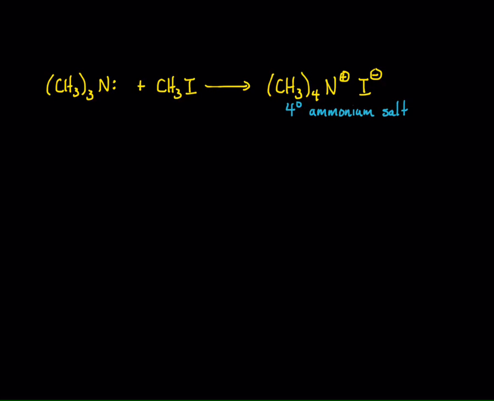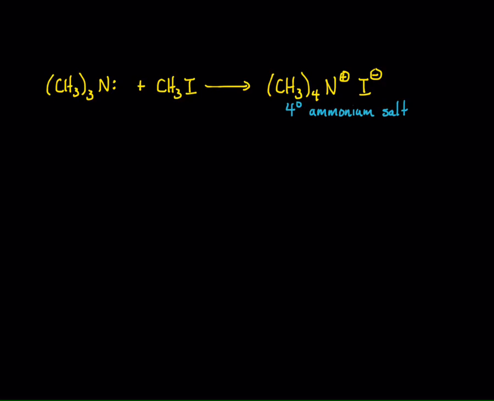Now obviously the reaction stops here because there are no more hydrogens that I can deprotonate, and this is one way of making alkyl ammonium salts. But in general, for a substitution reaction, this isn't a good way of making primary amines. Why?